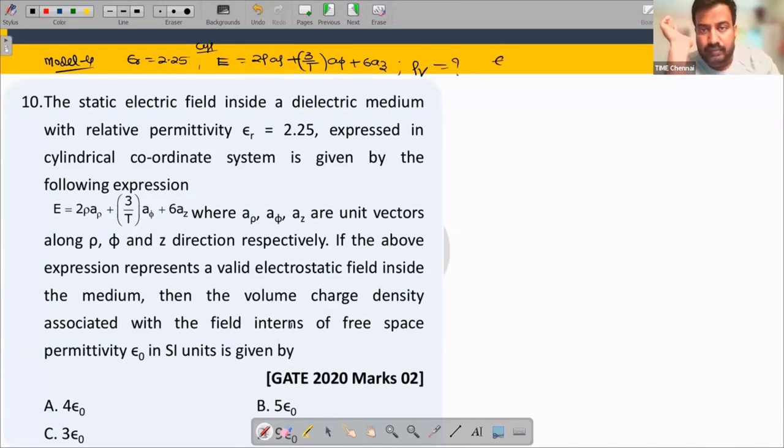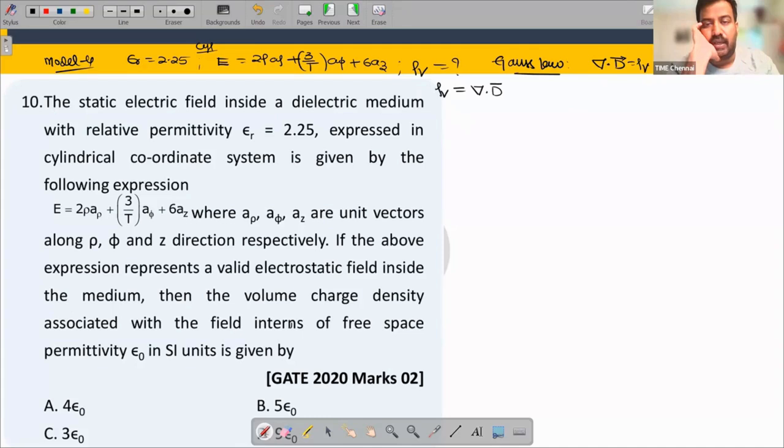Apply Gauss law. According to the point form of Gauss law, del dot D is equal to rho v. So he is asking us to find rho v.